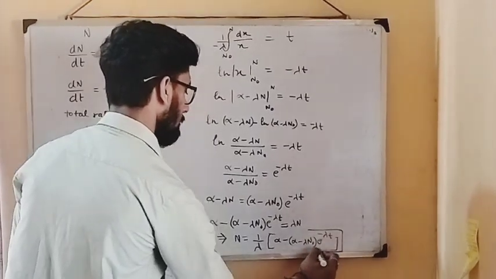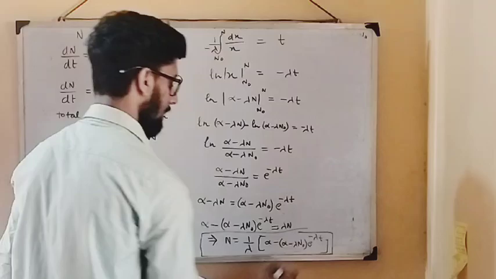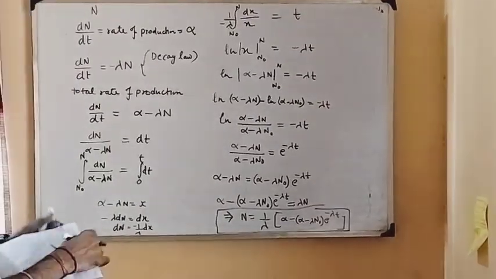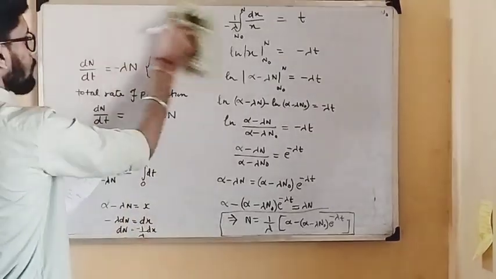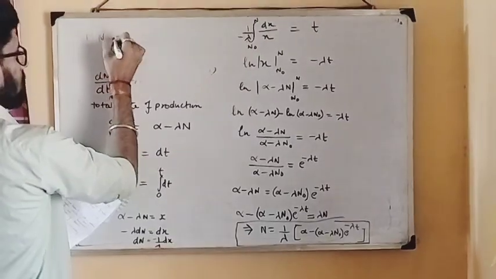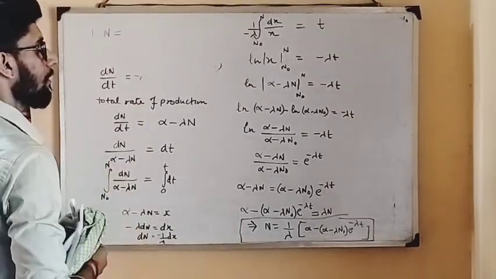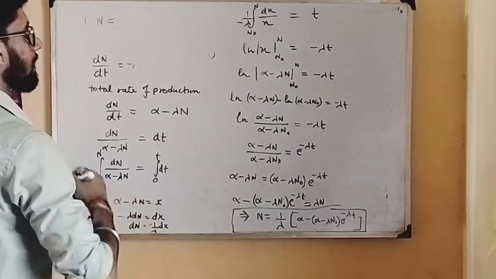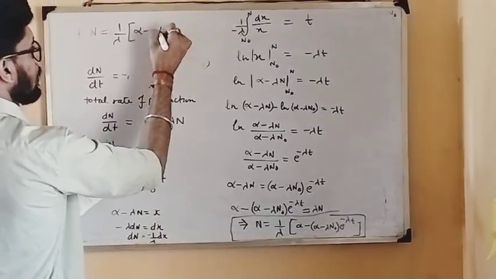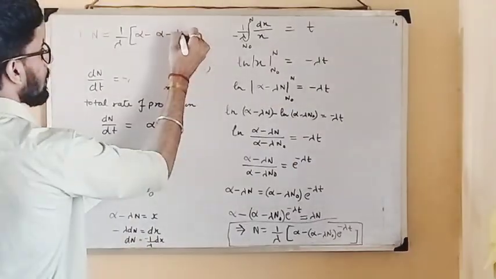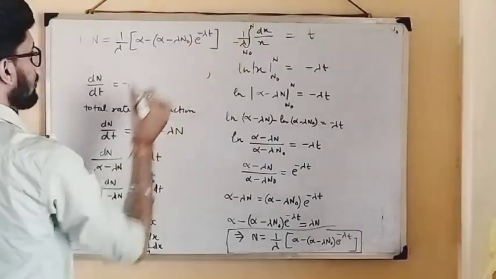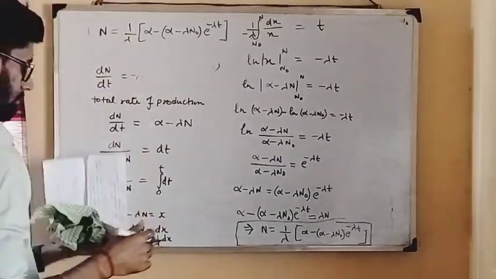So that will be your nuclei at time t, and this will be our first part of the problem. We write it over here because it is going to help in our second part. So n is equal to 1 upon lambda into alpha minus lambda n naught e raised to power minus lambda t. That is our n.